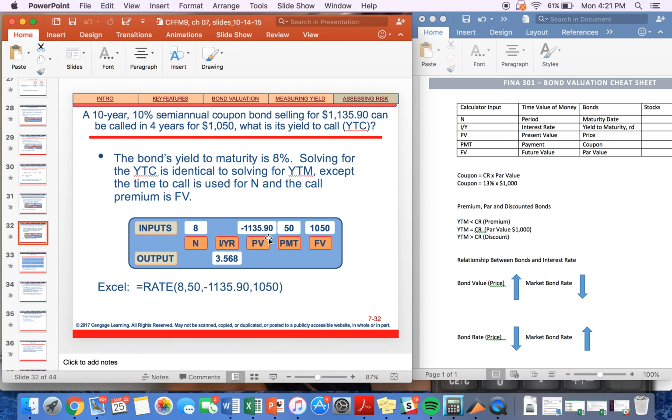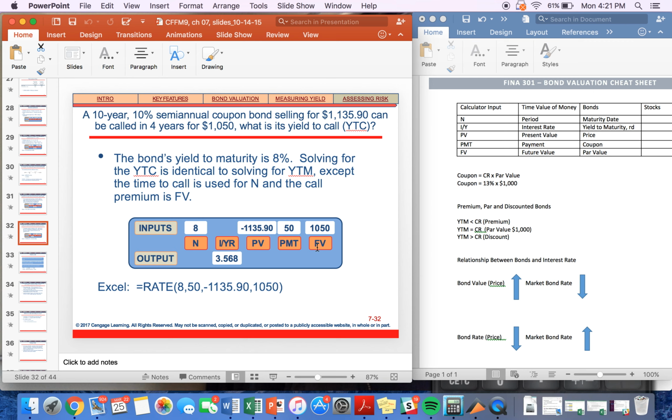Remember, that's negative. That's how much you'd have to pay for it. And then the payment, they told you that this bond had a 10% semi-annual coupon, so the coupon on this, following your calculations here, would have been $100, but because we are dealing semi-annually, we're going to divide that coupon, therefore our coupon becomes 50. And the future value on this bond, remember, I told you unless otherwise stated, your par value is always $1,000.